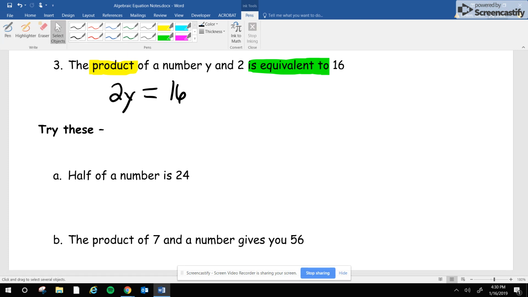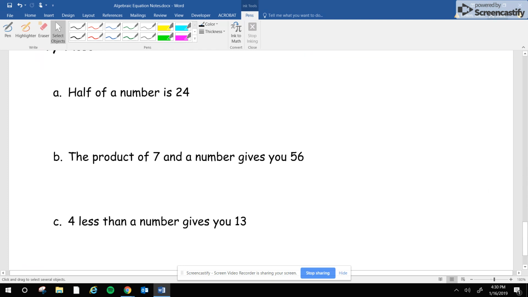So we're going to try these. The first one, we have a half of a number is 24. So look here, our key word is of, and our equals word is is. Half, we can write as 1 over 2. Of means multiply a number we don't know, but since we're multiplying, 1/2 would be our coefficient and n would be our variable.